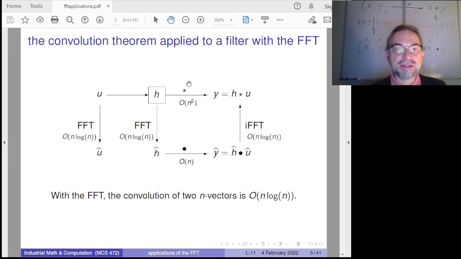The main point is that the n square operation is reduced to a linear operation, where the cost is linear, not quadratic, plus a number of times an n log n operation. But n log n is also quasi-linear. So that is the computational setup, at least in theory.